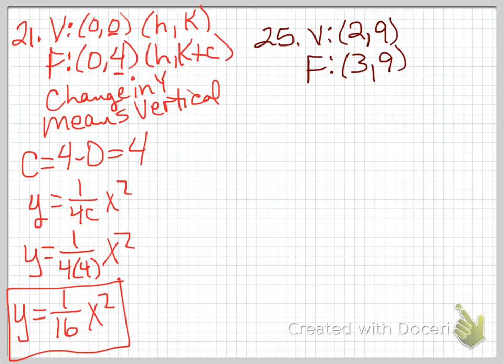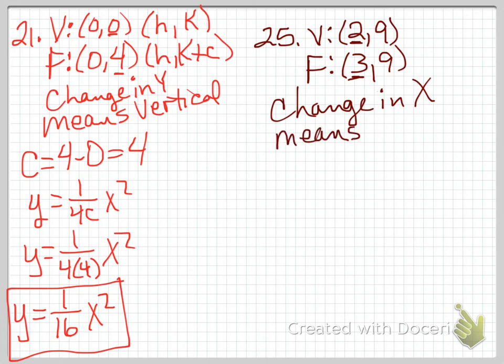Now, my change, we can see, is in the x position. So if there is a change in the x between my vertex and my focus, that means we have a horizontal graph.